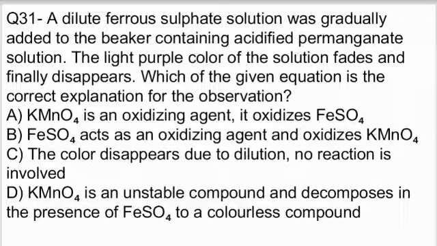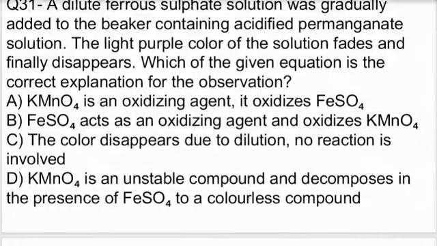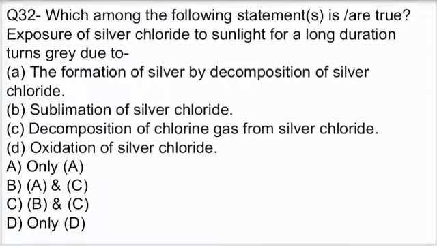B. FeSO4 acts as an oxidizing agent and oxidizes KMnO4. C. The color disappears due to dilution. No reaction is involved. And D. KMnO4 is an unstable compound and decomposes in presence of FeSO4 to a colorless compound. The correct option is A. KMnO4 is an oxidizing agent. It oxidizes FeSO4.